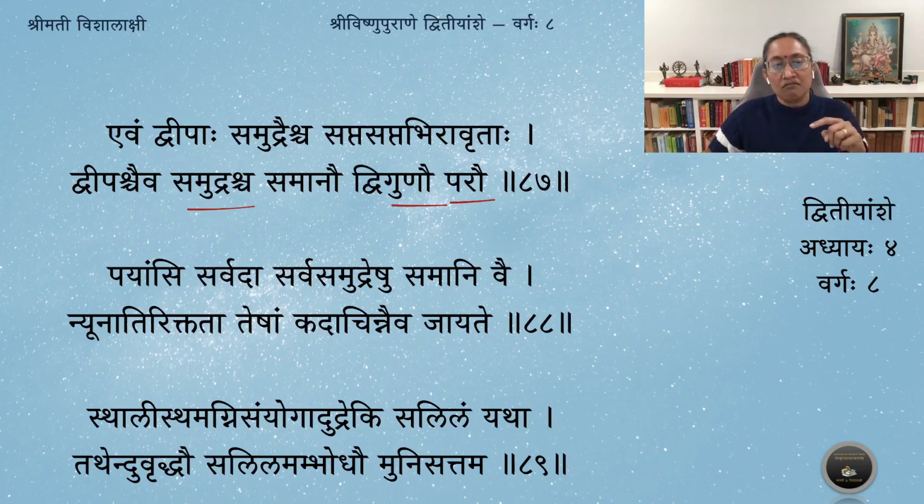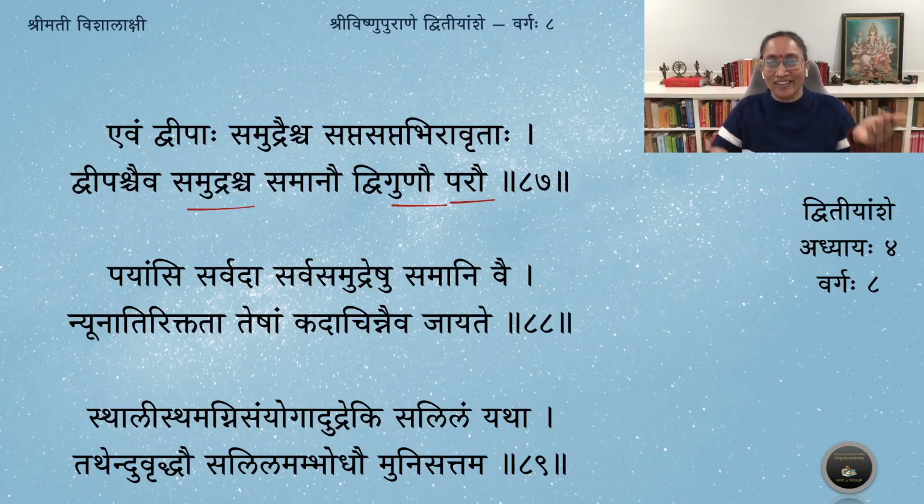Payamsi sarvada sarva samudreshu samani vai, it is always maintained. The amount of water that is there in the ocean never increases nor does it go down. There is always the same amount of water in the ocean. It can be surprising, right?